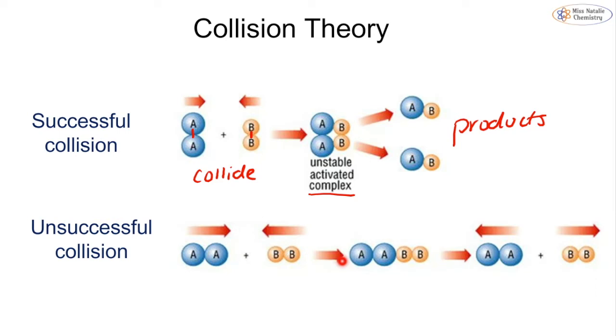So I'm just going to go through that again. We have the bonds between A and between B breaking, and then we form new bonds between 1A and 1B in order to give us our products. And this is a successful collision.